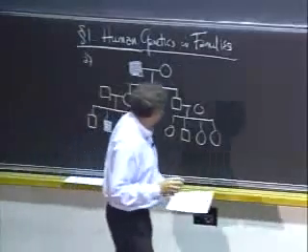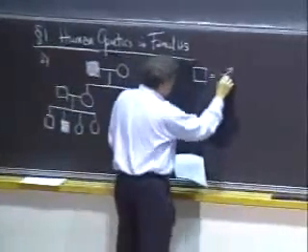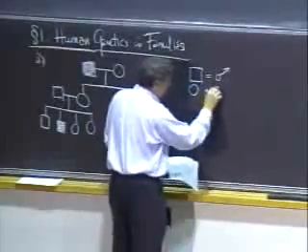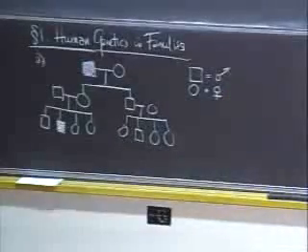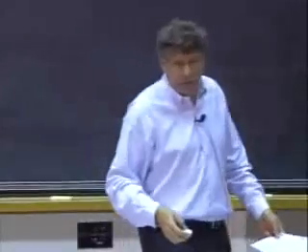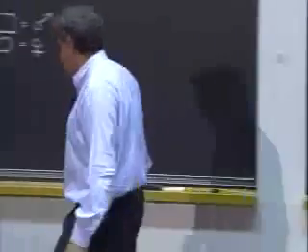Now, symbols. Squares are males. Circles are females by convention. A colored-in symbol means the phenotype that we're interested in studying at the moment. So in any given problem, somebody will tell you, well, we're studying some interesting phenotype.